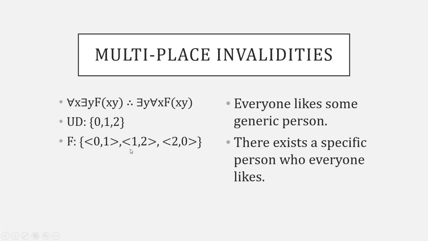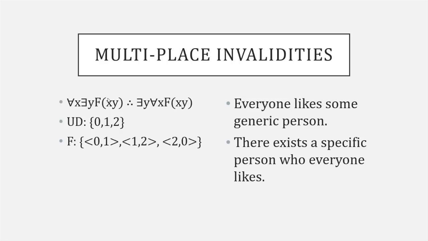We've got 1 standing in the f relation to something, 2. And we've got 2 standing in the f relation to something, 0. So for anything you can plug into this part, there exists a y such that x stands in that f relation to it. So the premise is true.